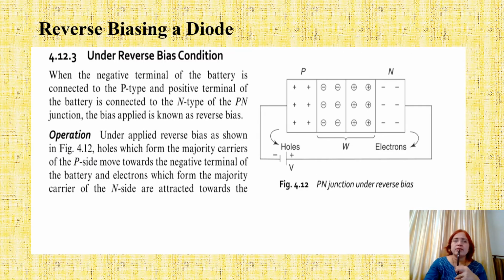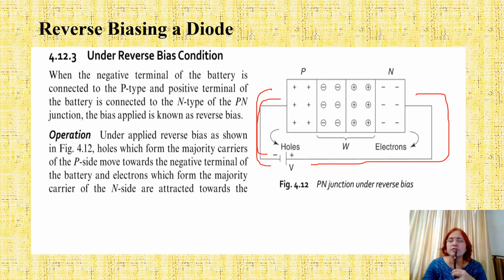Next is reverse biasing a diode. When we connect p-type material to the negative terminal of battery and n-type material to the positive terminal of battery, then it is said that diode is under reverse bias condition. So under this condition, the holes in the P region will move away from the junction and towards the negative terminal of battery.